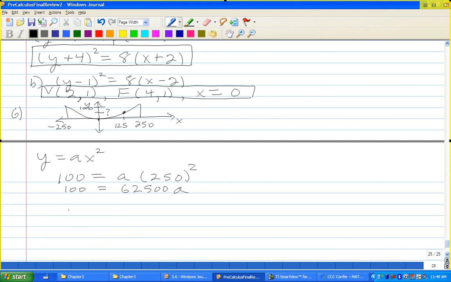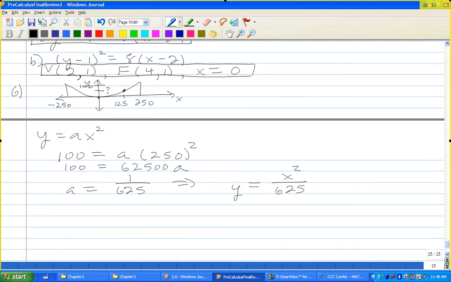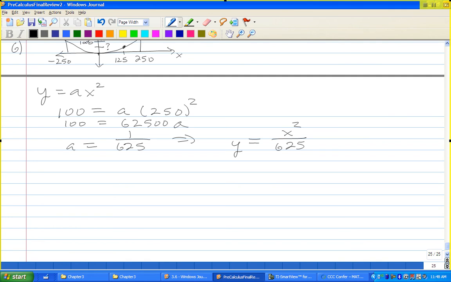Divide by that, so a is equal to 1 over 625. So it says that y is equal to x squared over 625. So now it says, what is the height when x is 125?